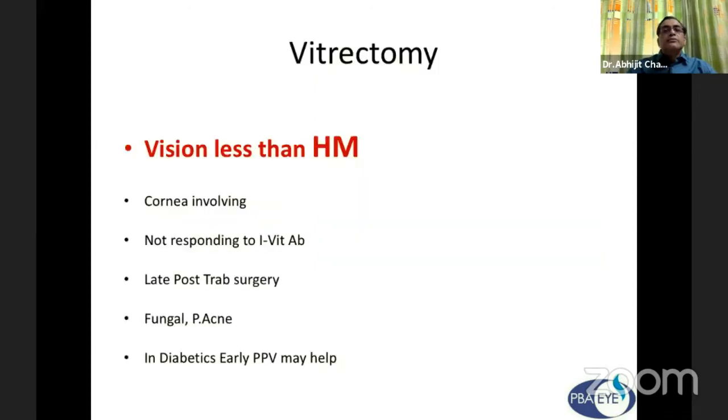So what are the indications for vitrectomy? Nowadays many people do early vitrectomy, but the ideal situation, where the Endophthalmitis Vitrectomy Study says, is vision less than hand movement. Also in cases of cornea-involving endophthalmitis not responding to intravitreal antibiotics, late post-trabeculectomy, fungal and P. acnes cases, and in diabetics, early pars plana vitrectomy may help.